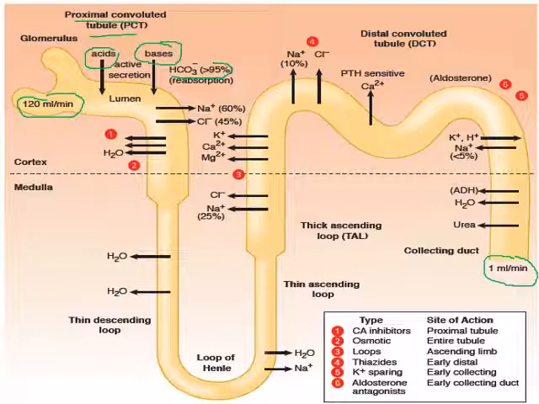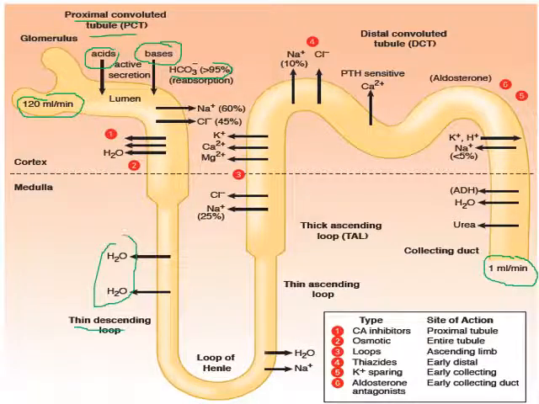As we move further, as we dip into the medulla, this is the medullary section, we will encounter parts of the loop of Henle. We can see the whole loop of Henle is present in the medulla. The first part is the thin descending loop of Henle. What is the role of this segment? It is permeable only to water.